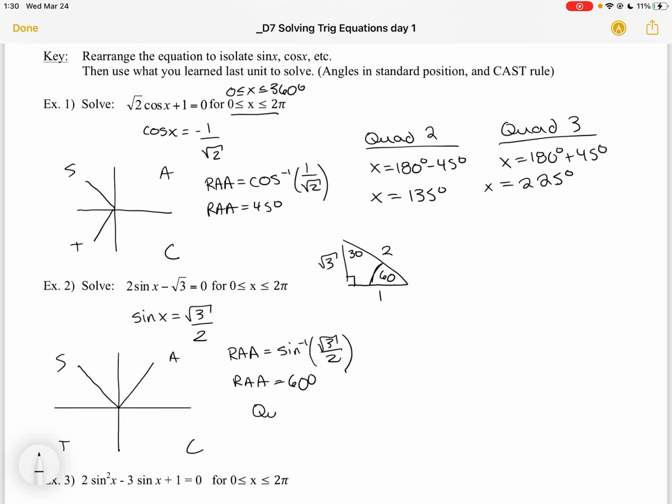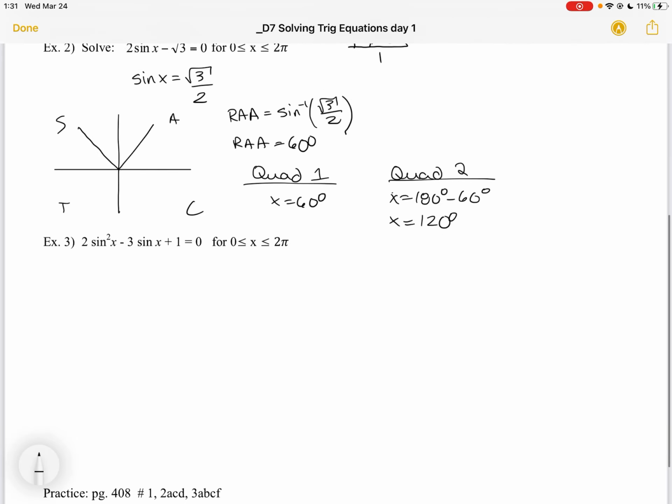Once I have that related acute angle, I can go ahead and find my solution in quad 1, which is just 60 degrees. And I can also find my solution in quad 2, which is 180 degrees minus 60 degrees, which gives me 120.